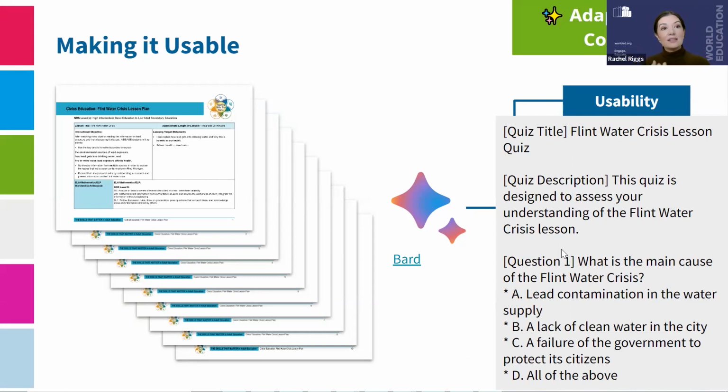Then I can ask it to turn certain activities from the lesson plan into a quiz or a worksheet or something that is more usable with learners. So I asked it to produce a quiz for me, and I get this, which is text-based. I can't yet have Bard generate a Google form for me or an actual quiz, but I can at least get the text that gives me, again, a starting point to then create something.